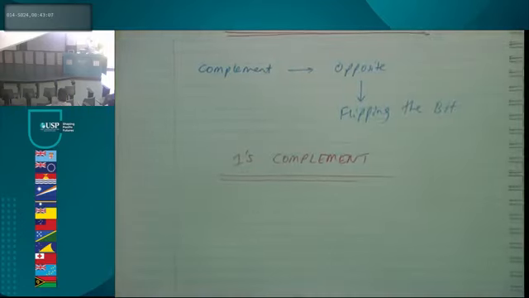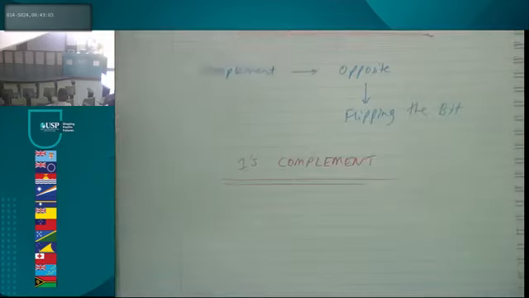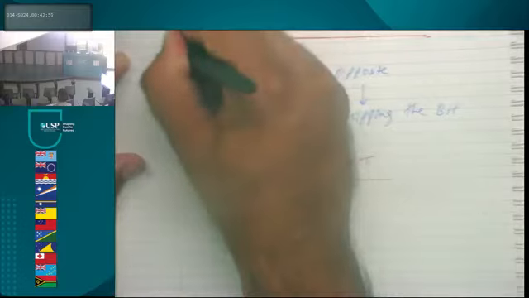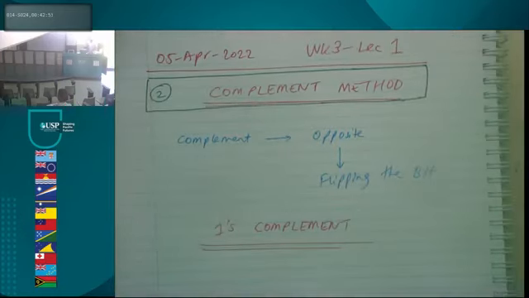So the complement method is our second method. You see this number 2, right? So let's label that as number 2.